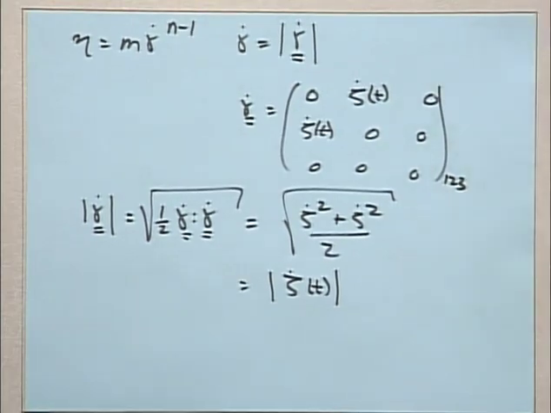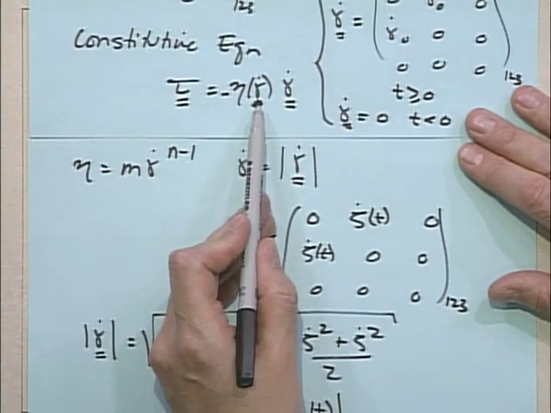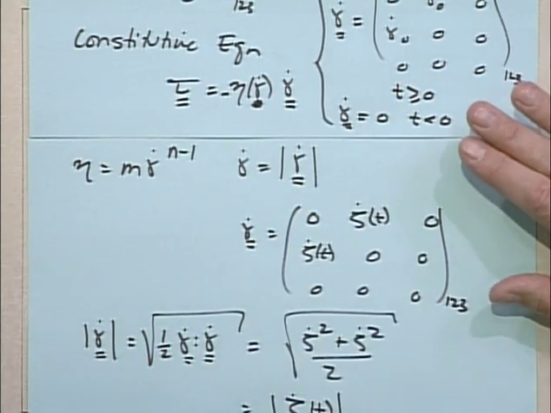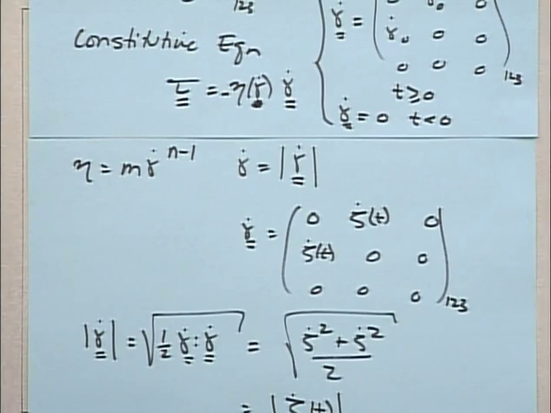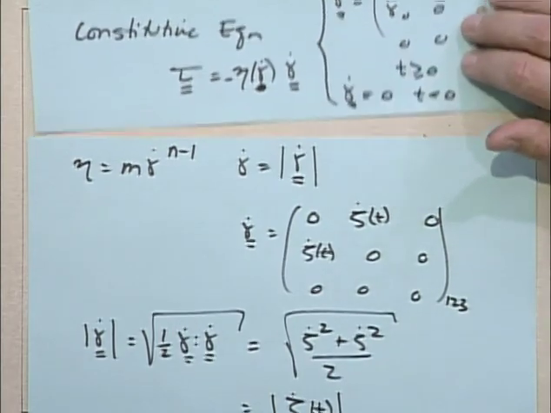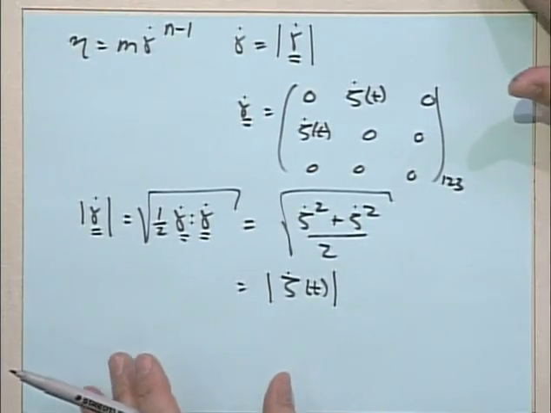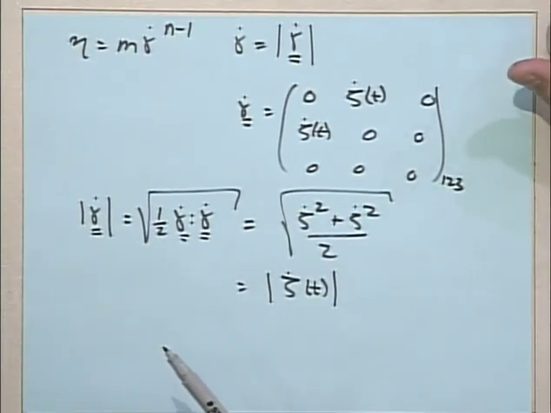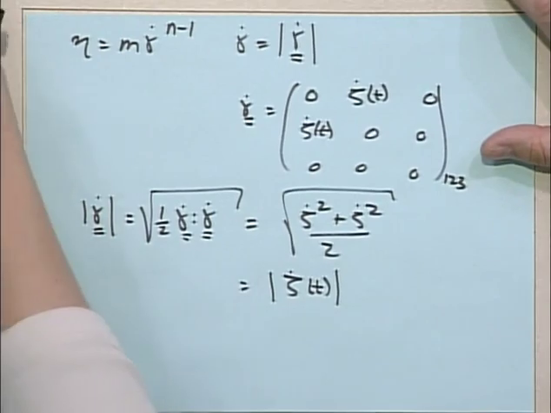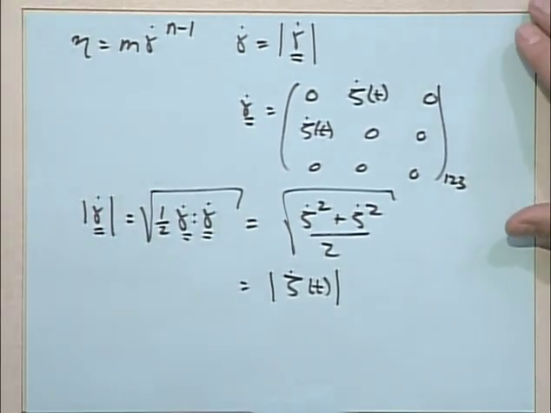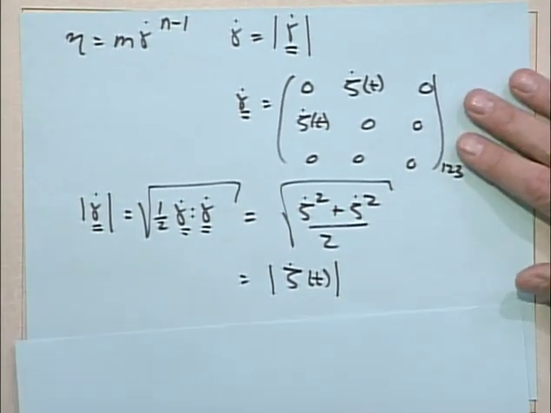So that's the only sort of new tricky thing that comes with the generalized Newtonian fluid, is that the generalized Newtonian fluid has the magnitude of the rate of deformation tensor in it, and so you need to calculate it. And we're going to see this also when we solve flow problems with the power law model. All right, so then continuing on with the calculation, we're now going to formulate the constitutive equation.